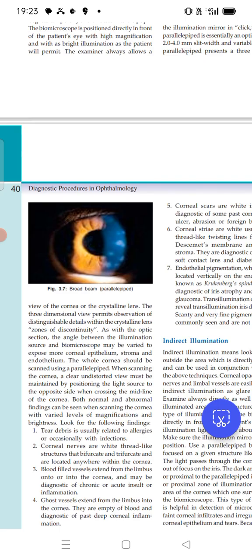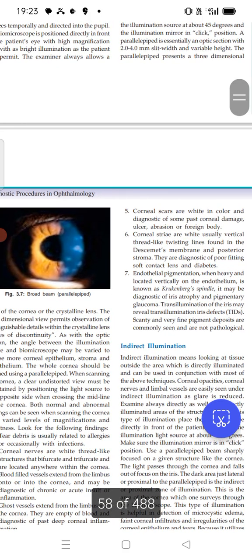Once we drop the light on the cornea, you will find a blue light on the cornea and an orange light for the iris. The gap between that blue light and orange light is our anterior chamber. In case of the conical beam, it is very easy to find out whether the anterior chamber is clear or not.